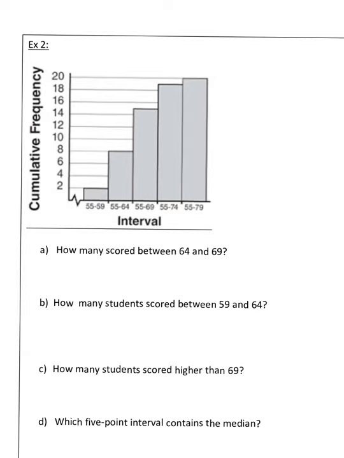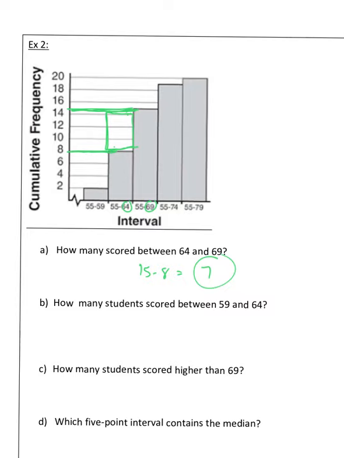They don't show you a bar for 64 to 69, but we know that 8 people scored between 55 and 64, and 15 people scored between 55 and 69. So to find the interval between 64 and 69, you subtract the heights of these two bars, because you're finding that gap. You subtract 15 minus 8, which is 7.